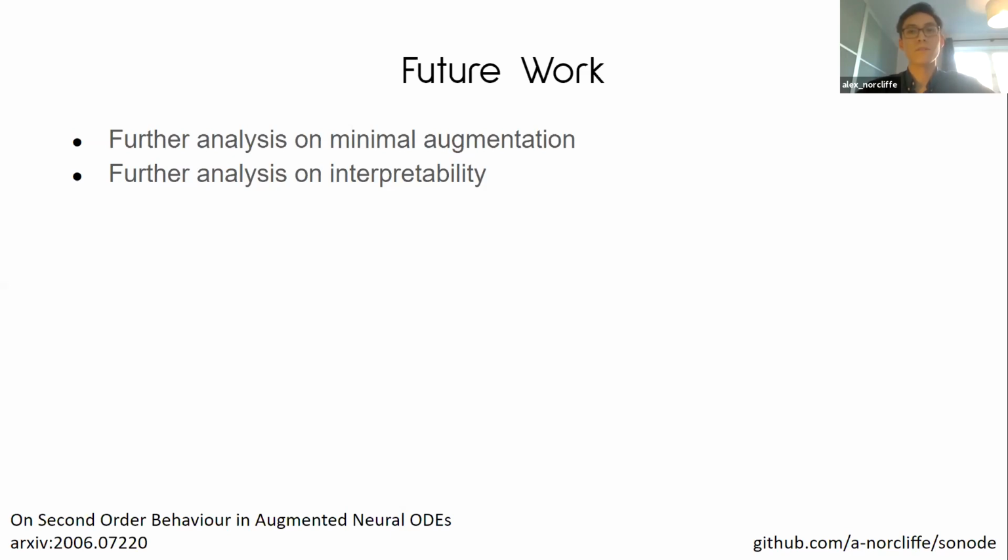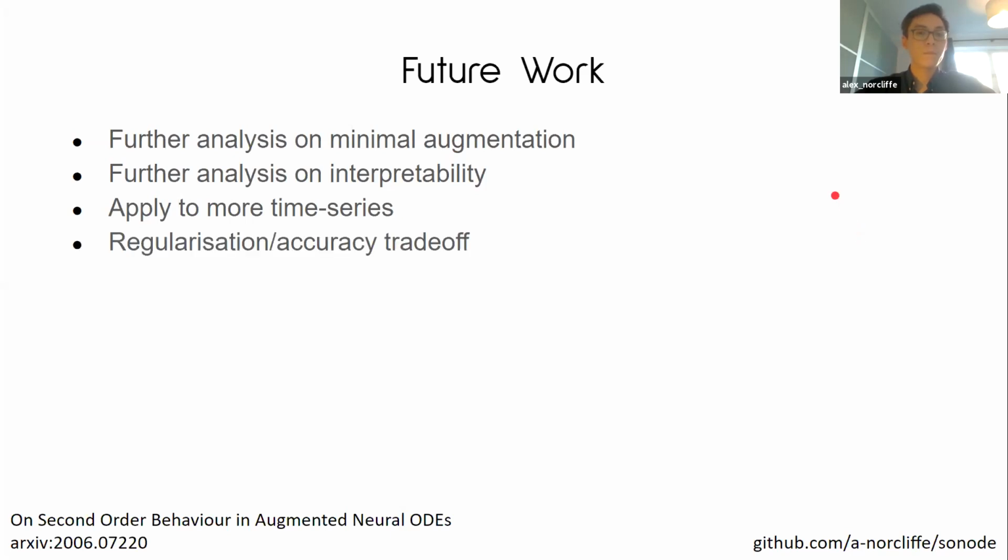The final parameters might change a lot, but how much will the actual trajectory change? Then, apply it to more time series. We applied it to a few time series, but it'd be interesting to see different second order time series as well. And then finally, the regularization accuracy trade-off.